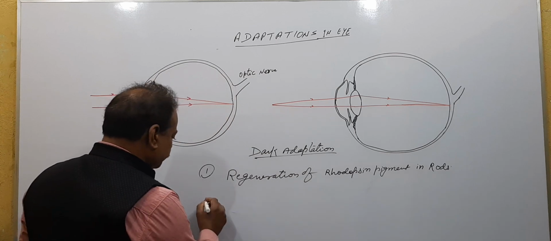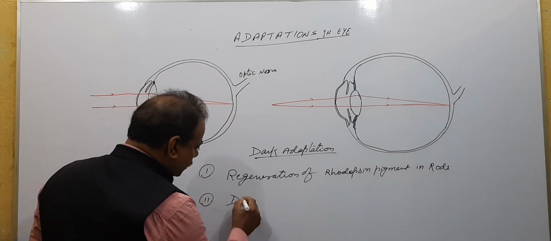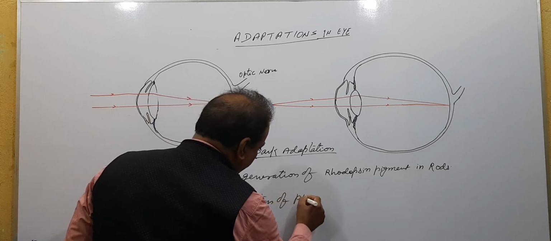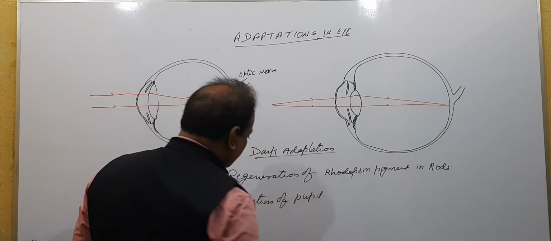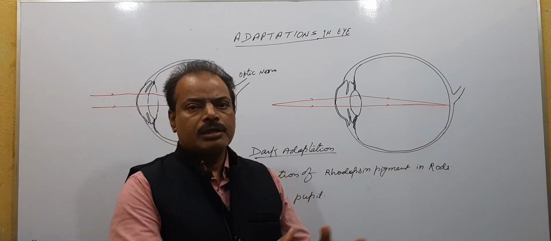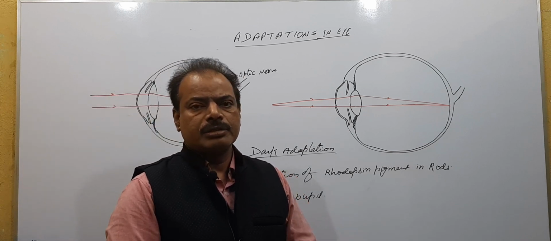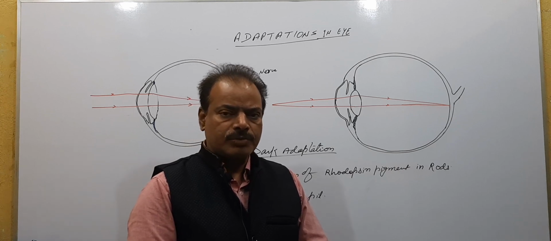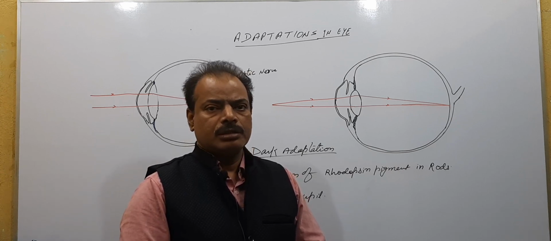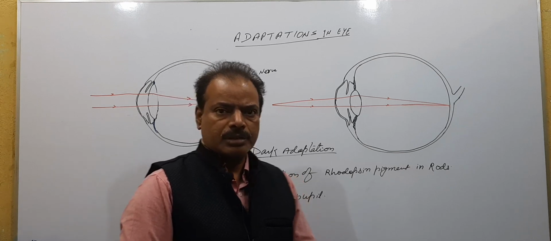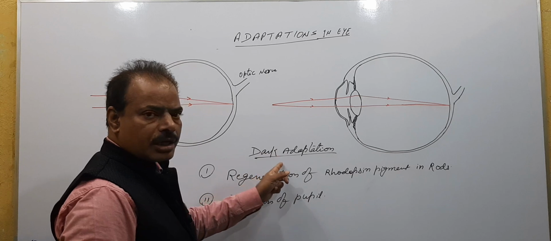And second, dilation of pupil takes place so that more light enters the lens, and in this way we can see the objects nearby in the dark place. This process is known as dark adaptation.